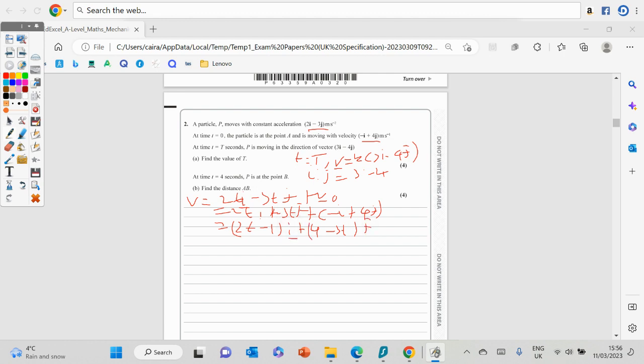Okay, so 4 minus 3T over 2T minus 1 has got to be minus 3 over 4, using that fact.